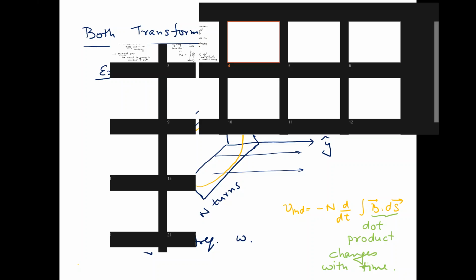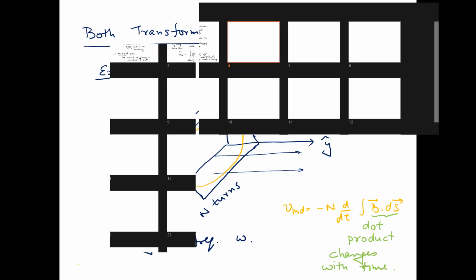The pointer I'm holding is the surface normal out of the loop. And as time is changing, this surface normal takes a different angle around the x-axis. The surface normal is changing its direction.